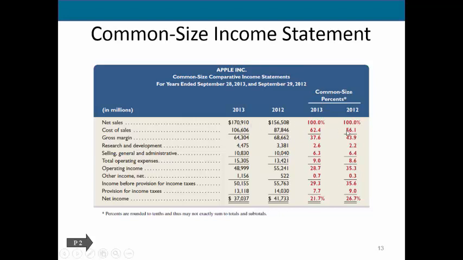You can see in the previous year the cost of our sales was smaller. So this can be a red flag to look at why, even though our company did increase its net sales, the percent of cost of sales compared to net sales increased so significantly.